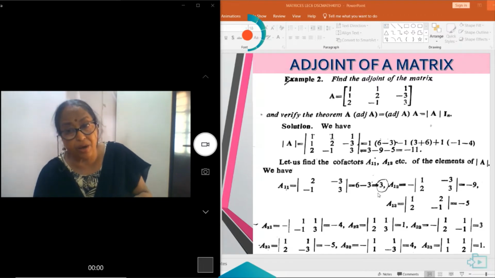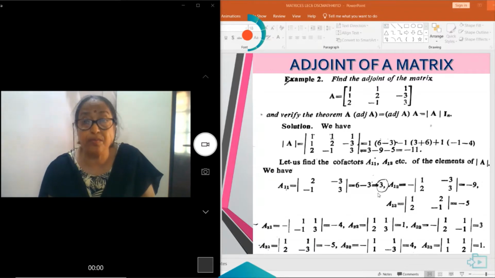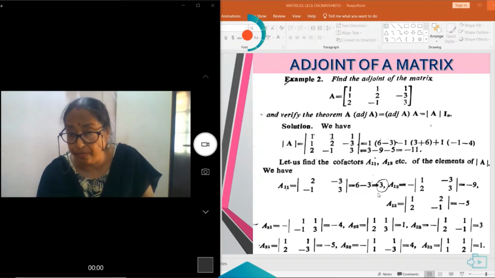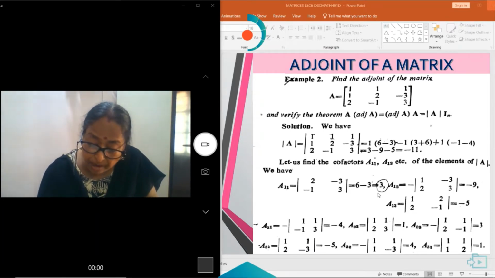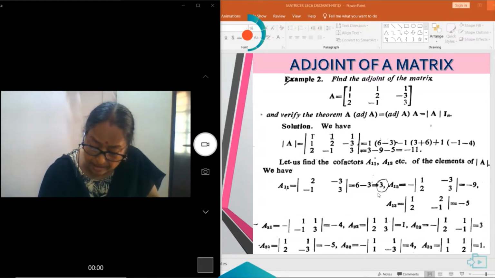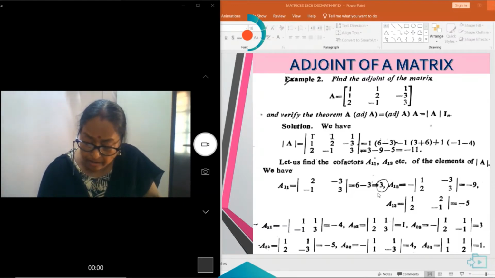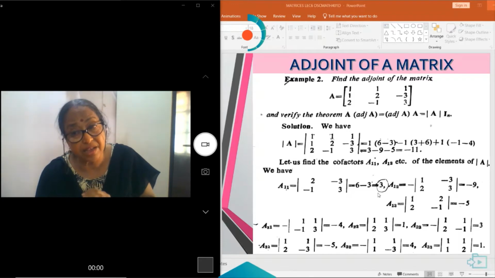You do it on your own, and then we find that the matrix of the cofactors, that is B, is equal to: the first cofactor is 3 and A12 is -9, then A13 is -5, and so on. Now, adjoint A can be found by taking the transpose of these cofactors.